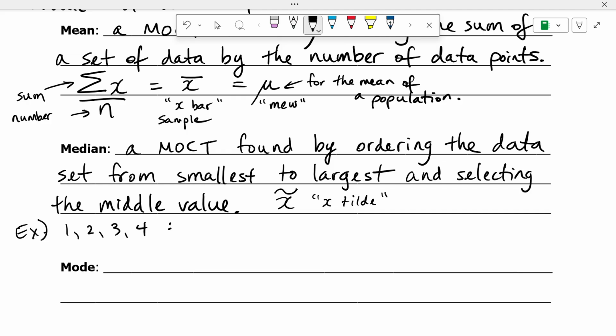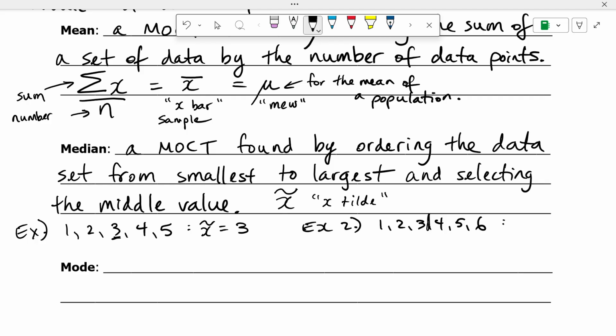So 1, 2, 3, 4, what's the median? Well, actually, why don't I do an easier one first? 1, 2, 3, 4, 5, what's the median? Clearly, the number in the middle is 3. So in this data set, x tilde is 3. But for example 2, what if I have the data set 1, 2, 3, 4, 5, 6? Now what's in the middle? Well, the middle is somewhere between 3 and 4.